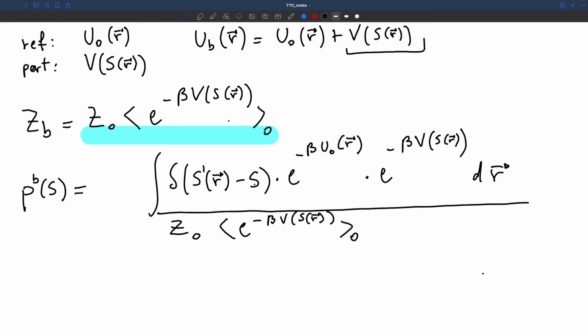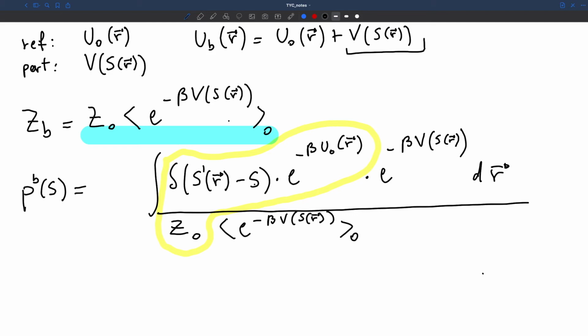And now we can see that these factors define the unbiased probability density. By integrating delta s e to the minus beta U_0 divided by Z_0 in dr, we obtain the unbiased probability density in s.